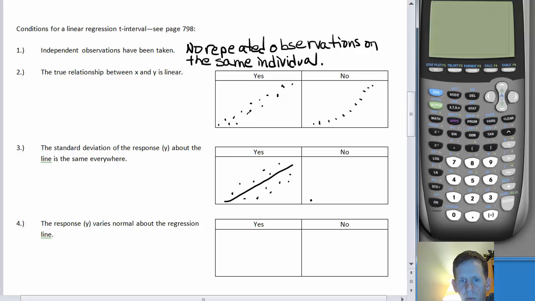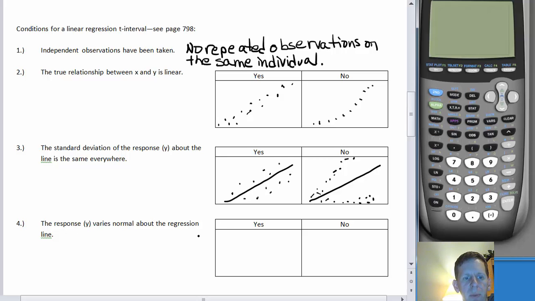What we're trying to avoid is a situation like the following, where maybe on the left side of the line, the points are all relatively close, but as we move down to the right, we notice that the points get farther and farther on average from the line. So if you see a situation where the points almost look like they diverge into two lines, again, this is not the kind of interval you'd want to use.